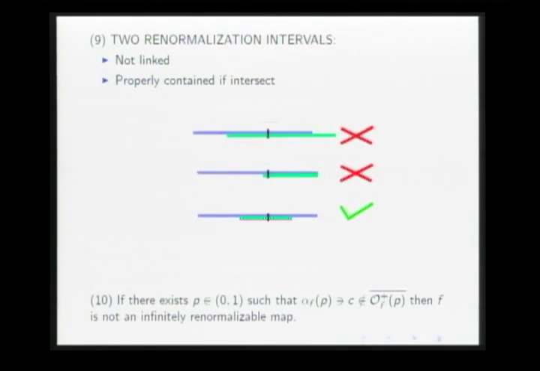So in this construction here, I must observe that if you take 2 renormalization intervals, they cannot be linked like this here. Okay? The border of this cannot be here and the border of this like here. They cannot be also like this with borders coinciding. This can occur, okay?